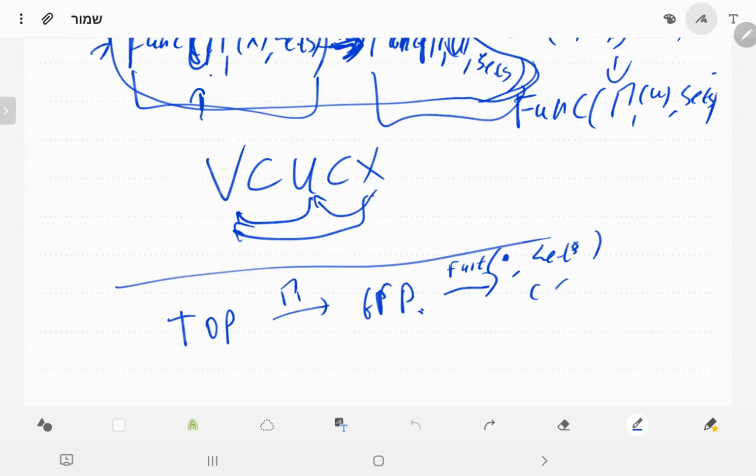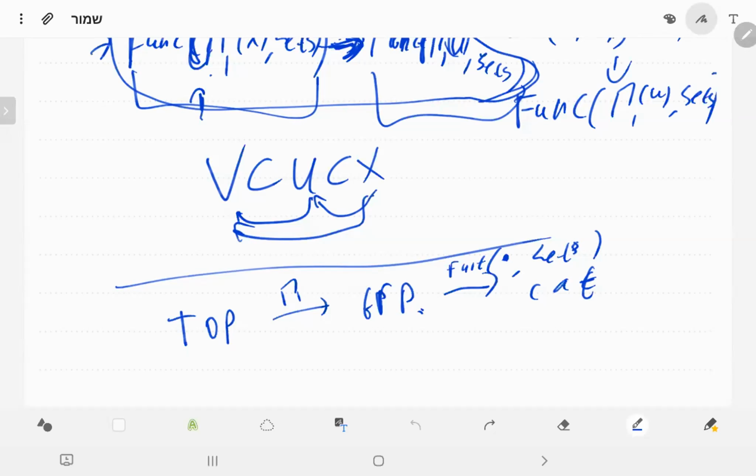So this is a functor to categories, but you can ignore it and think it's a functor to groupoids, because when you take the category of functors to sets, you can replace it by the groupoid of functors to sets. Any category you can replace by its groupoid, basically when you erase all the morphisms which are not isomorphisms. So this is probably not a covariant functor, but a contravariant functor.